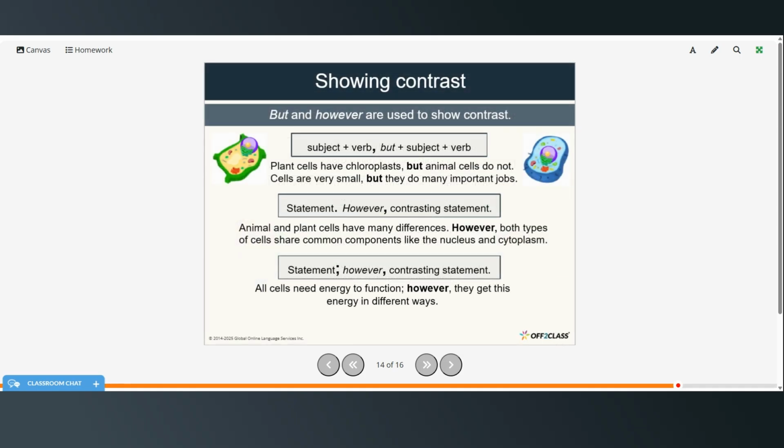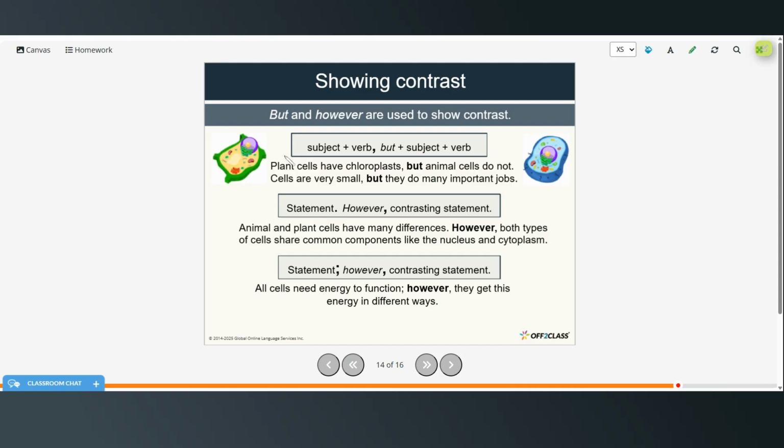But and however are also used to show contrast, and the sentence structure is the statement plus the verb, and then but plus the subject and another verb. So plant cells have chloroplasts, but animal cells do not. Cells are very small, but they do many important jobs.